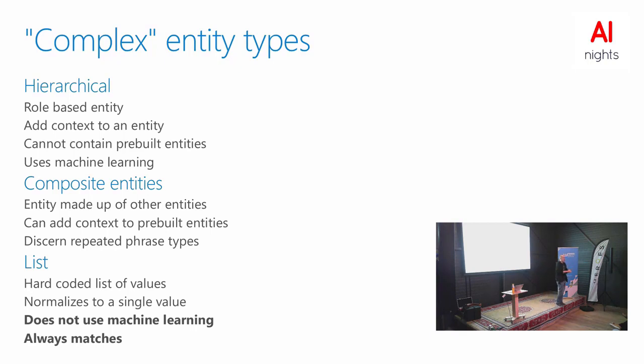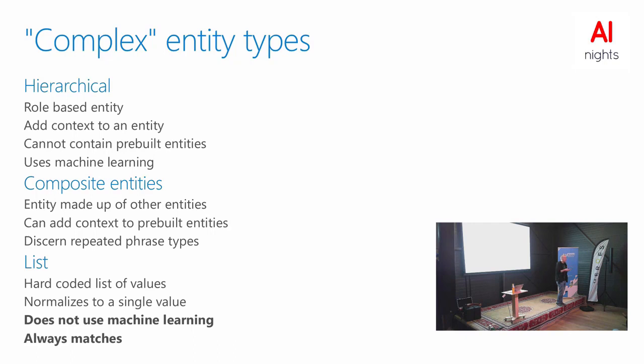Down at the very bottom, I've got my list, and my list is a hard-coded set of values with no machine learning. Now, this is another one where I see a lot of people go in, they start playing with this, and it's quite frequently a mistake. And it's not because the list in and of itself is a bad thing, it's that it's designed for a very specific small set of values.